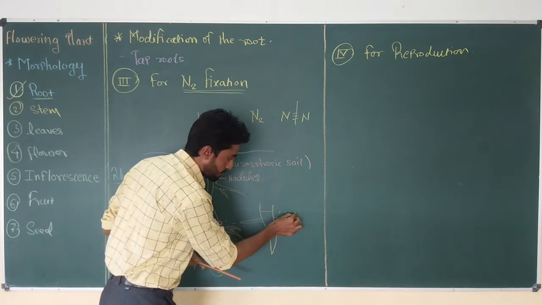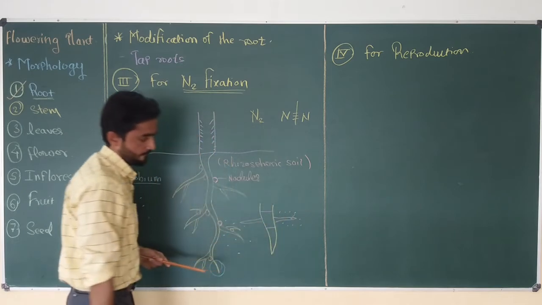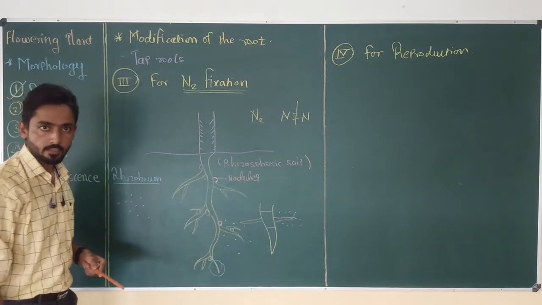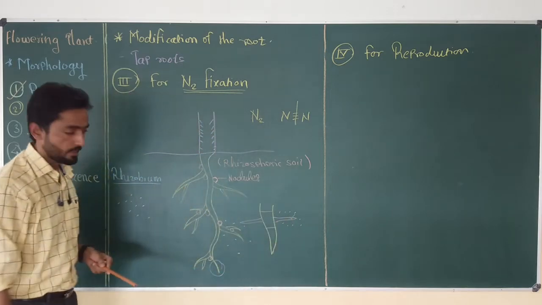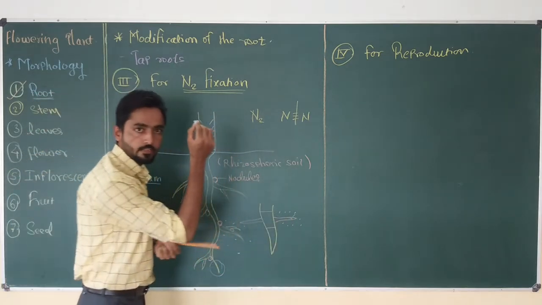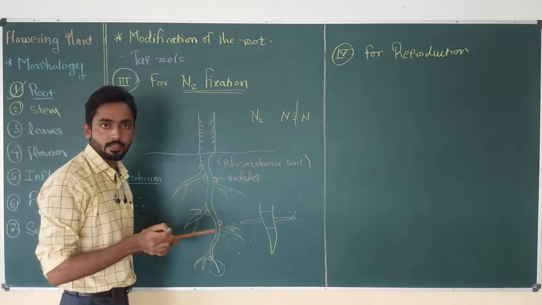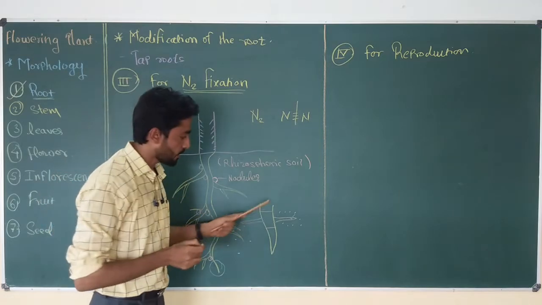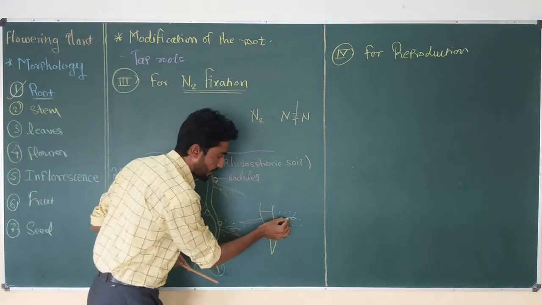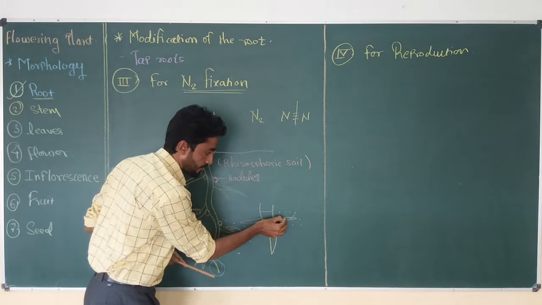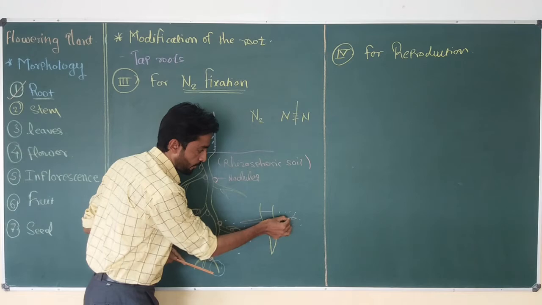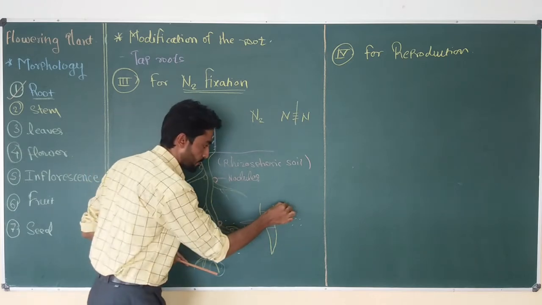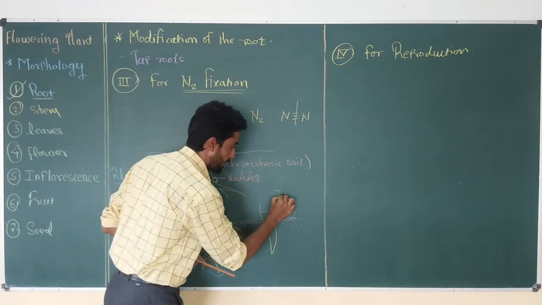And now when this bacterium enters inside the root hairs, they start the process of infection. These bacteria are prokaryotic, unicellular organisms. They are present individually in the soil, but when they enter inside the root, they form a chain, and then they migrate towards the primary branch of the root in the form of a chain, and this chain of bacteria is called the infection thread.